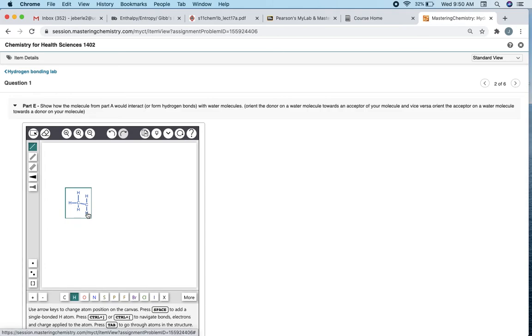You can adjust it if you are a perfectionist. I'm going to draw these bonds a little longer because I'm going to need some space. Okay. Add my lone pairs.